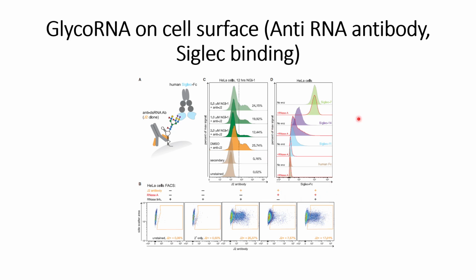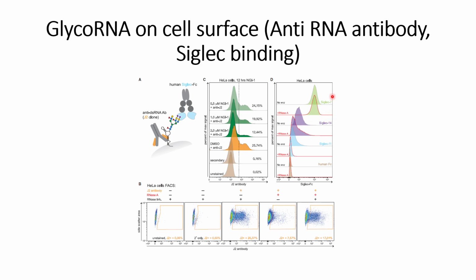And the final panel, panel D, is based on Siglec binding. They use two different conditions: first without any enzyme, and another with RNase. If the signal with RNase reduces, then we can make the point that the Siglec binding without enzyme includes both the sialic acid binding that is present on the cell surface and also the RNAs with glycans containing sialic acid on the cell surface.